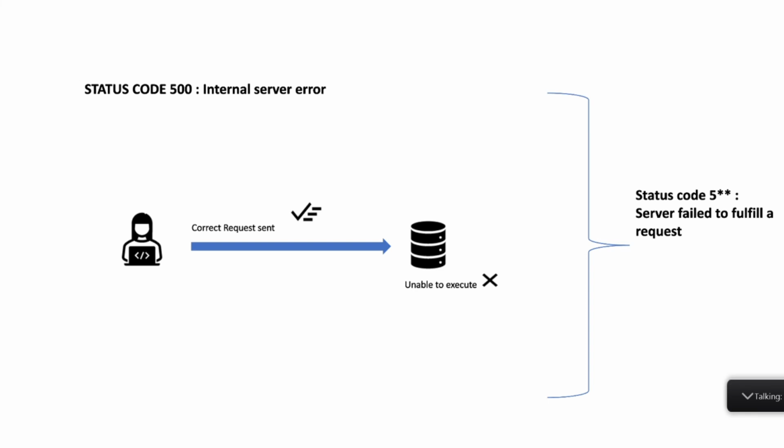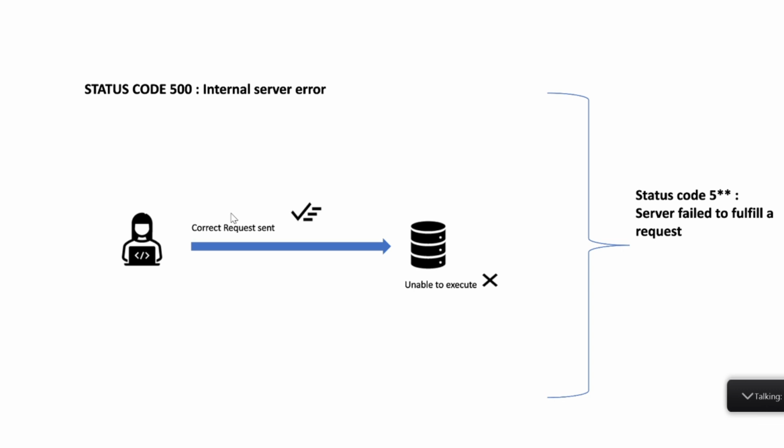Lastly, we're going to see the status code 500. Remember with me that when a status code starts with 5, it means that this time it's not on your side, but something failing on the server side. Let's say in this case you are sending a proper request, you have the correct authorization, and the syntax is okay, but when you send it to the server, you receive a status code 500.